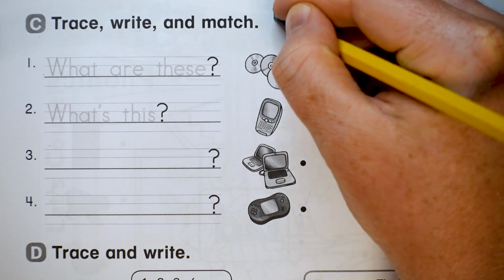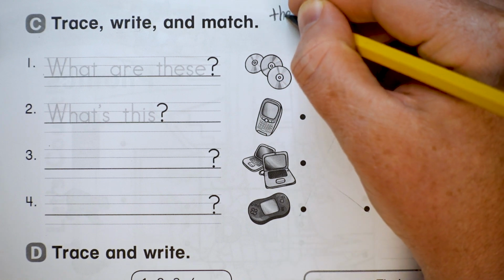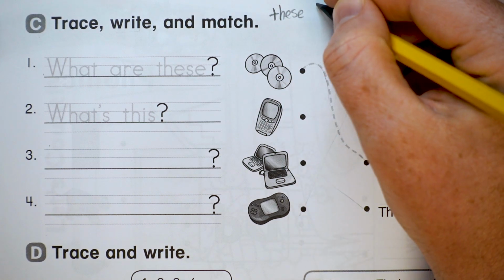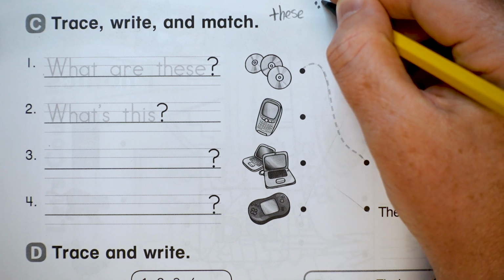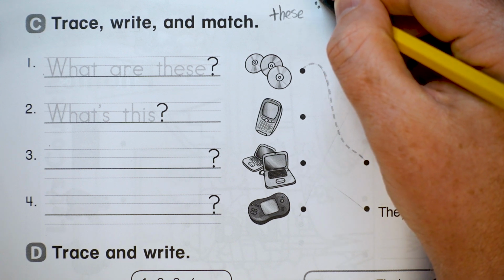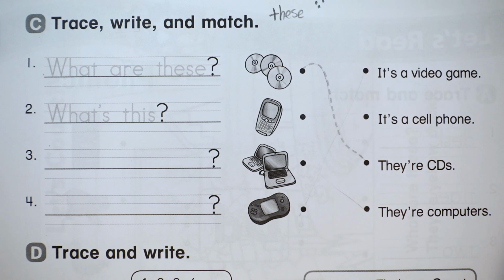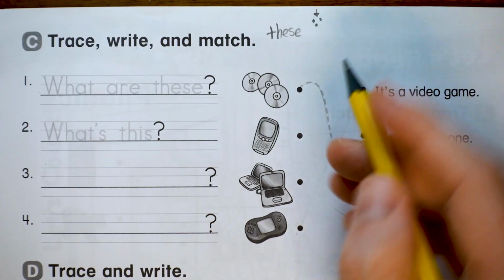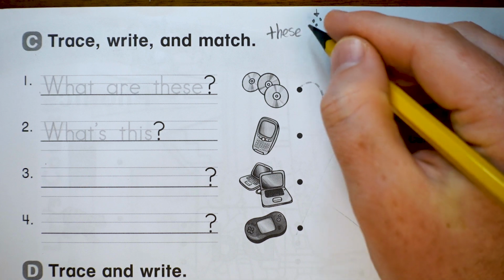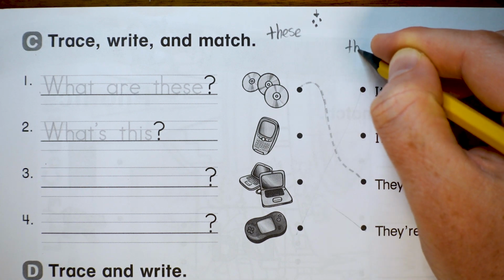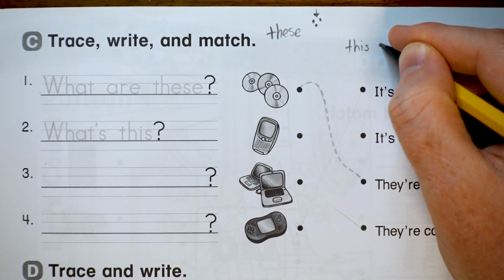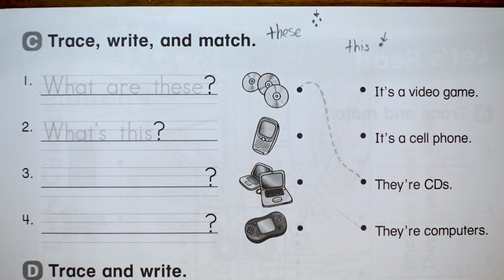And just for the keeners out there, these is for more than one thing when I'm very close to it. Like this. And this is for one thing only when I'm very close to it.